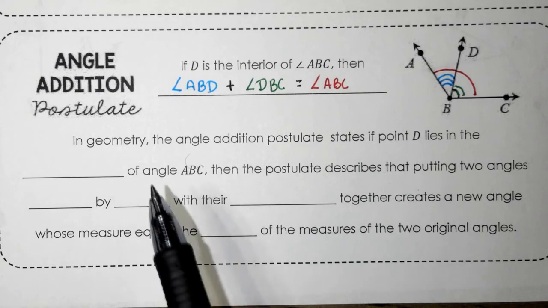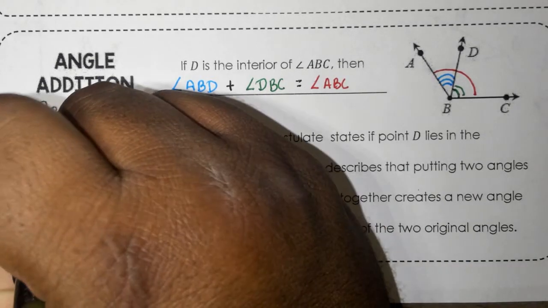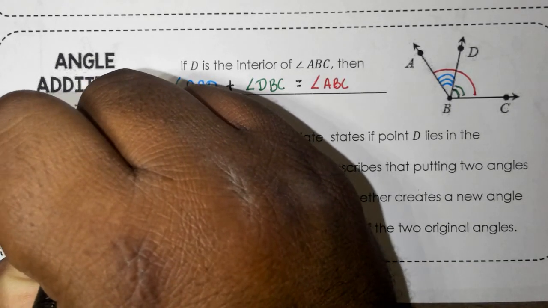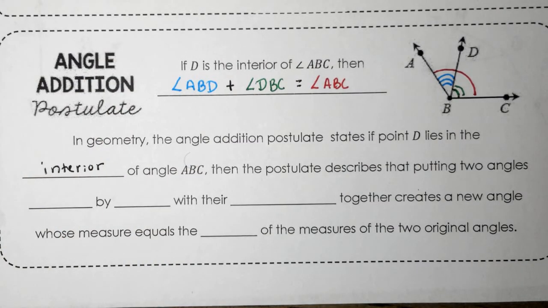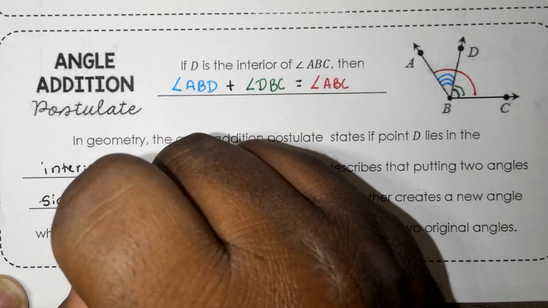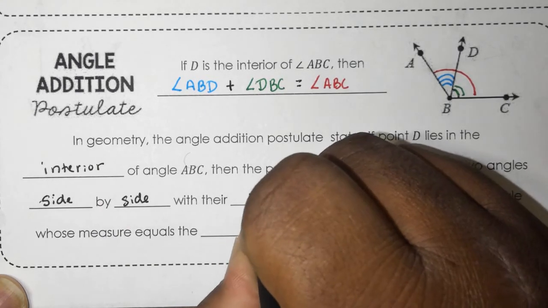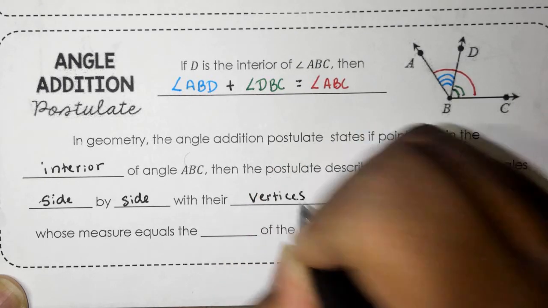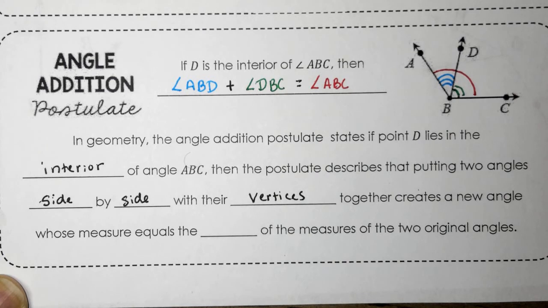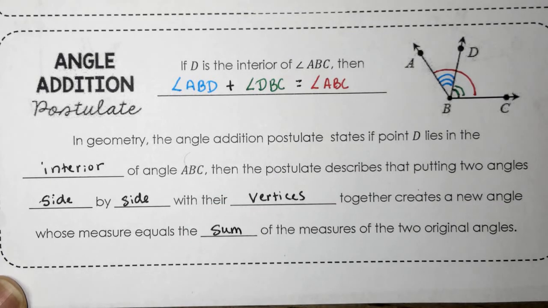Same concept. So in geometry, the angle addition postulate states that if point D lies in the interior of an angle ABC, then putting two angles side by side, or another word for side by side, adjacent, with their vertices together creates a new angle whose measure equals the sum of the measure of the two original angles.